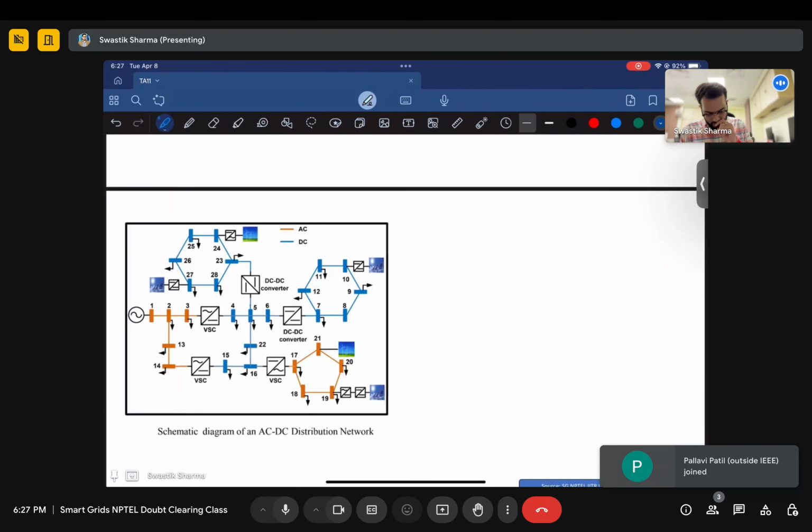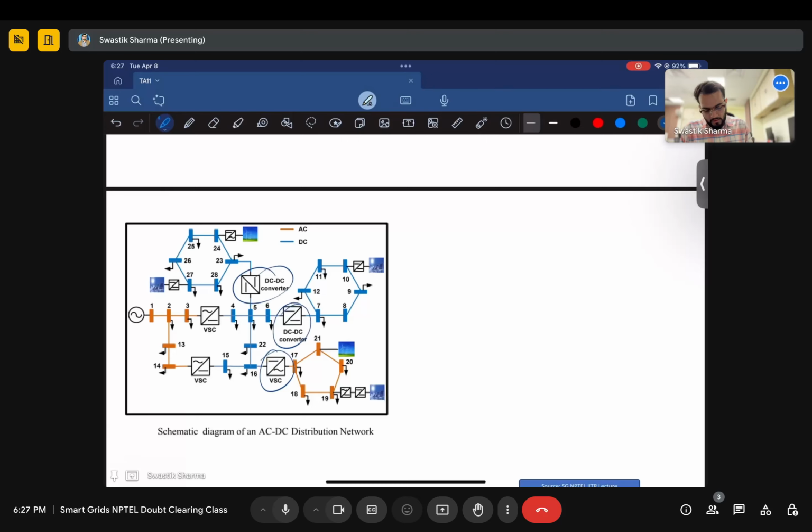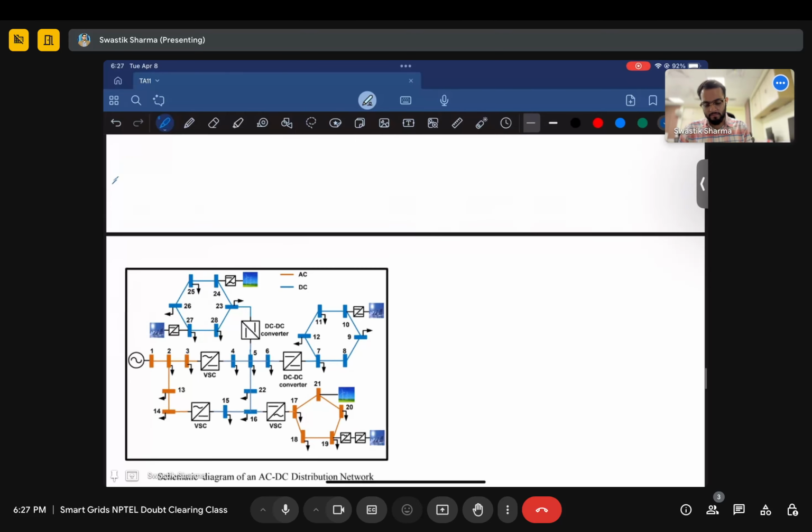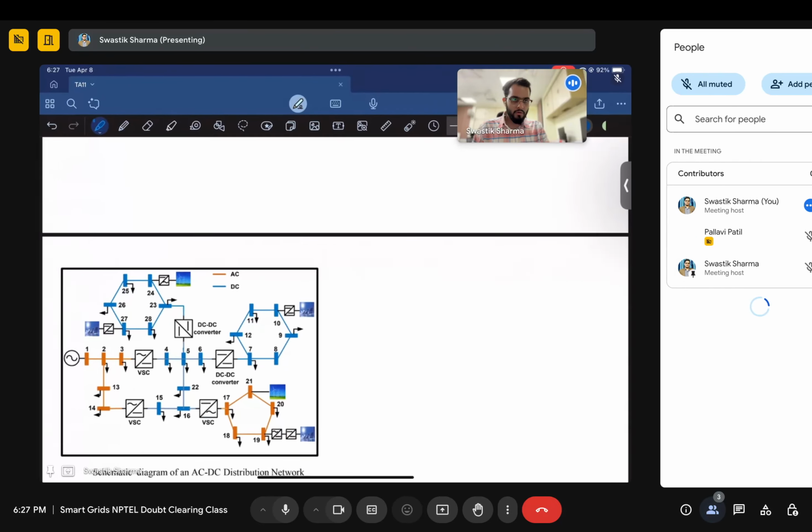You have your utility, your converters, and your DC voltage generation available. This is DC, this is DC. You have demarcated all the buses and all the lines as being characterized by either AC power flow or DC power flow.